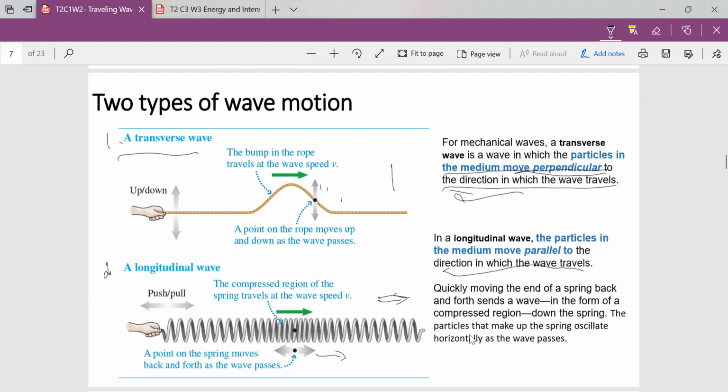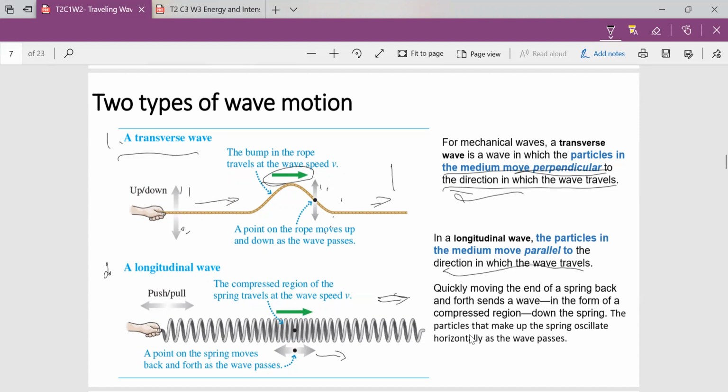Look at the medium. It's moving up and down, while the direction of the wave is to the right, as depicted by this arrow. So the medium is moving up and down, perpendicular to the motion of the wave. That kind of motion is called a transverse wave.